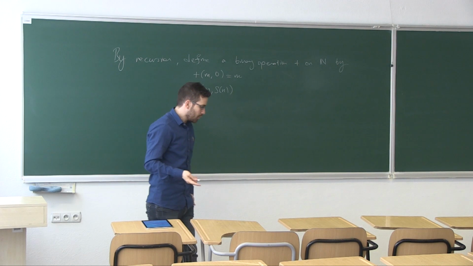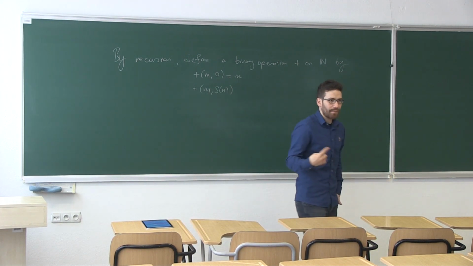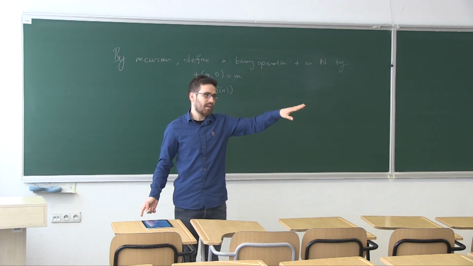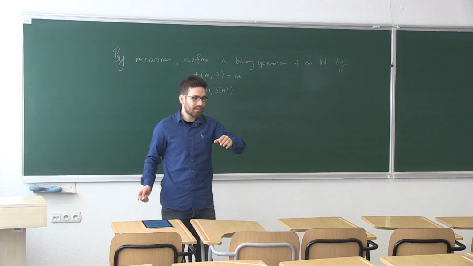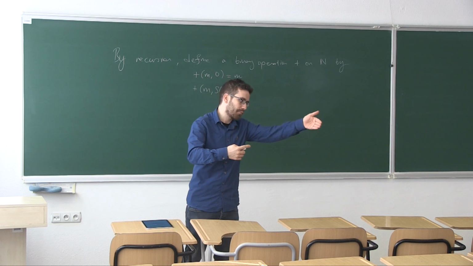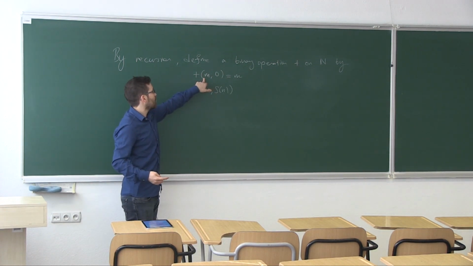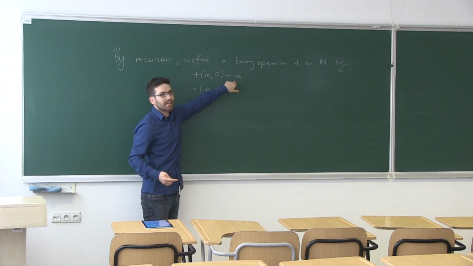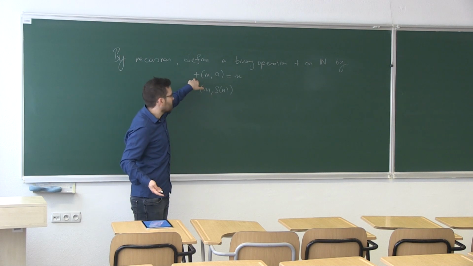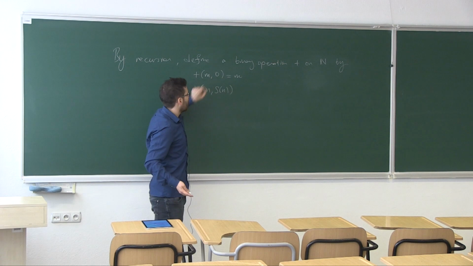So in order to do recursion, I need to give you some kind of base information. For the specific case, you're going to do this. And the values at the other cases are supposed to be derived from that recursively. So I'm telling you that plus of (m, 0) is m, okay? So this plus is the usual plus, it's the addition, but I'm going to write it in this notation for now. So m plus 0 is m for all m.